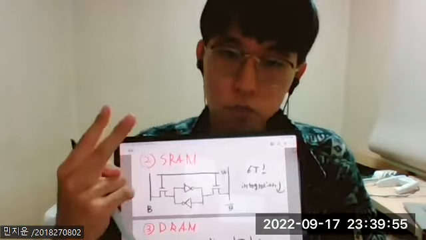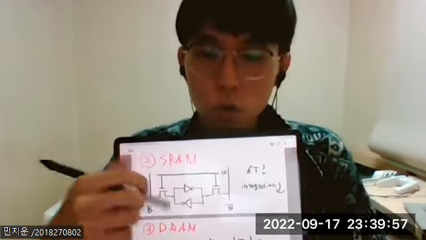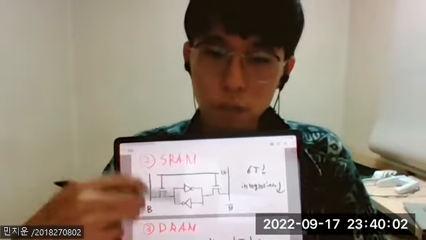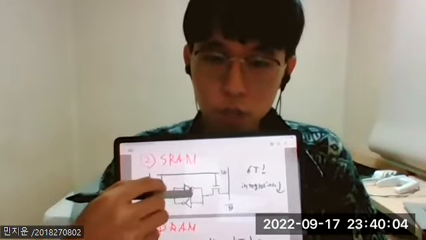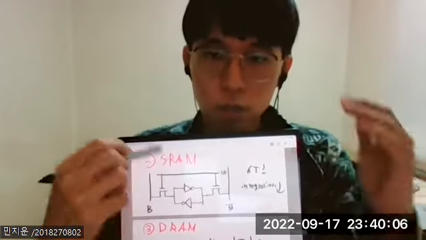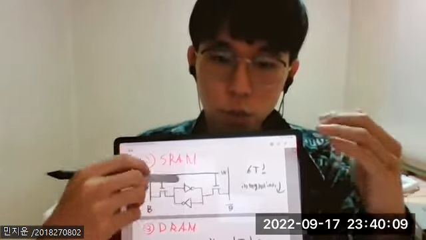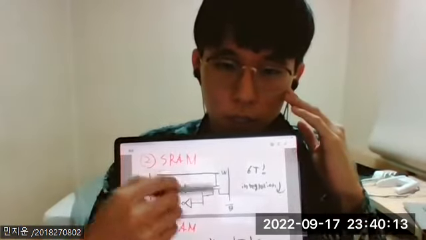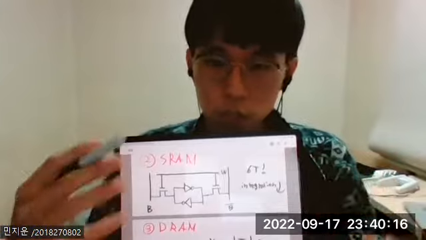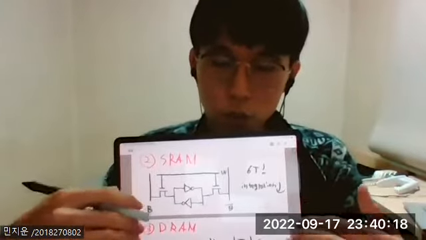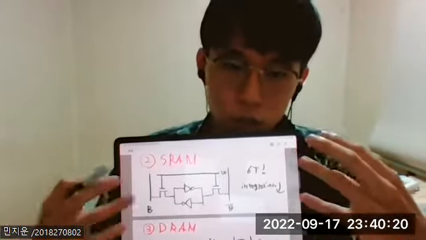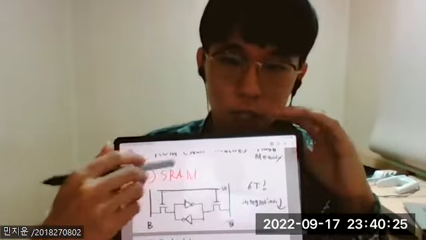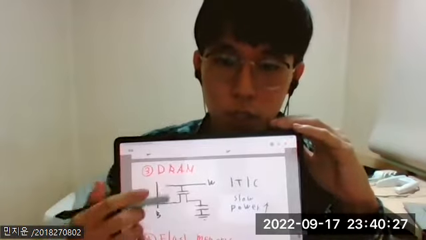This latch has 2 CMOS. So SRAM is very fast by this latch structure, and power dissipation is lower. But the SRAM size is big, so the device integration is lower. SRAM is used as CPU cache.